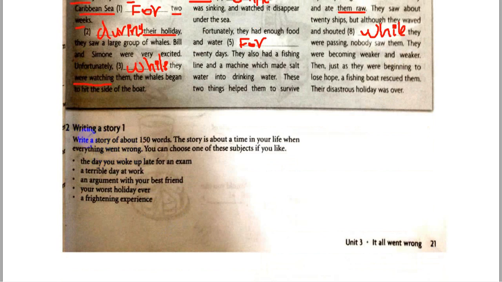Now the homework is writing a story. Write a story of about 150 words. The story is about a time in your life when everything went wrong.